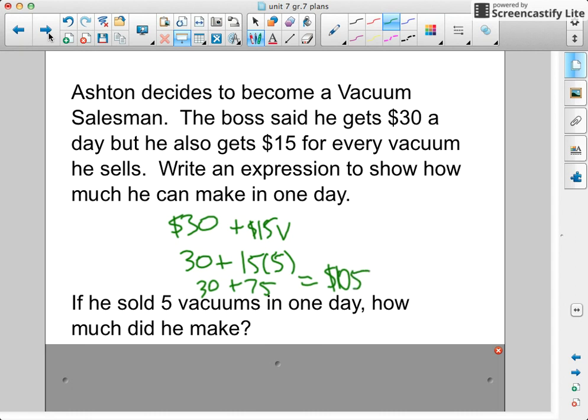And let's say he sold 10 vacuums. 15 times 10 would be 150 plus 30 is $180. Let's say he sold 0 vacuums. Well, he would make $30 that day, but the boss might not hire him back in the future. So anyway, that is how we substitute in values to evaluate an expression.